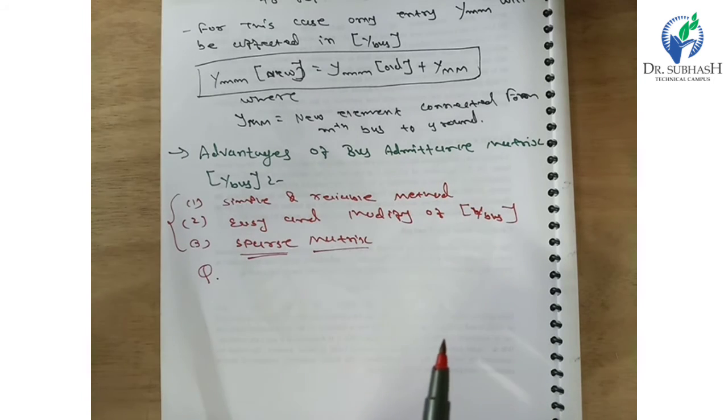The answer is that in the admittance matrix each non-zero off diagonal element corresponds to the network branch connected to the pair of buses, which is indicated by the row and column of the element.